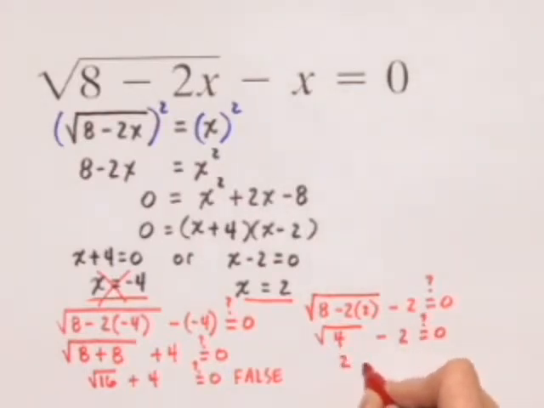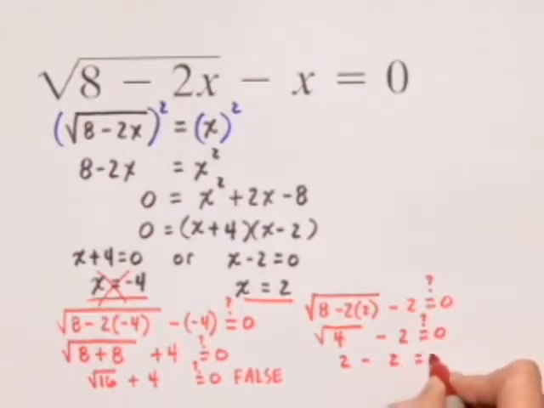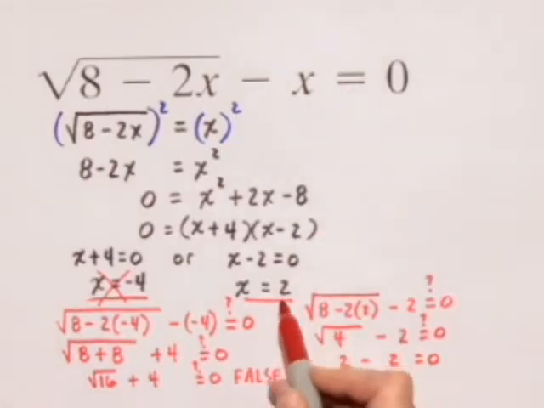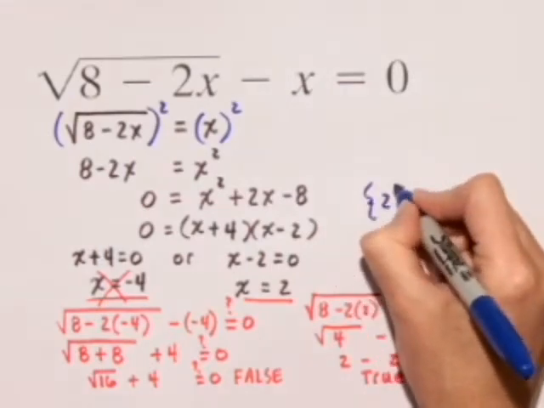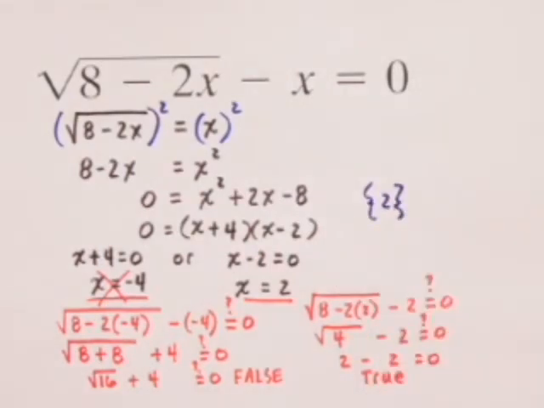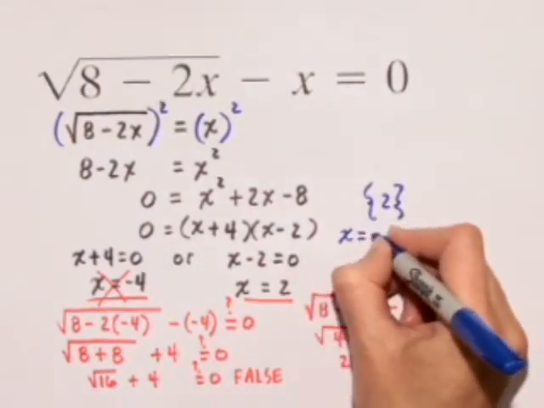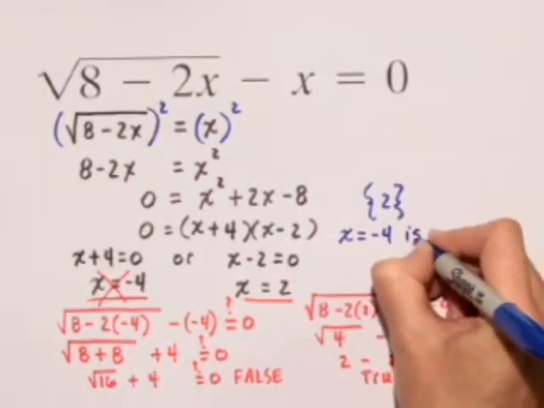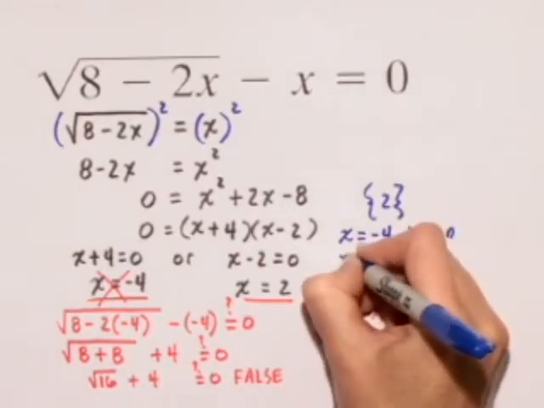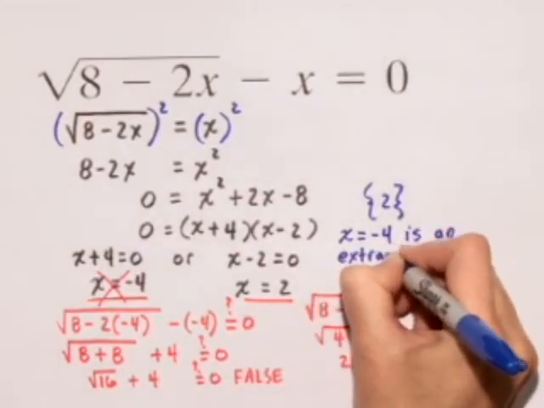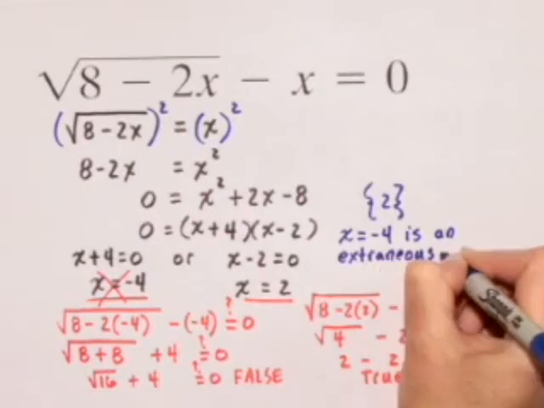The square root of 4 is 2. 2 minus 2 is equal to 0. That's a true statement. Since this is a true statement, our solution set is x equals 2, and that is the only solution to this equation. And remember, x is equal to negative 4 is an extraneous solution.